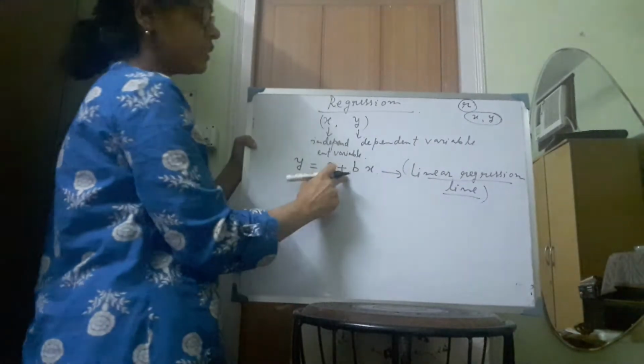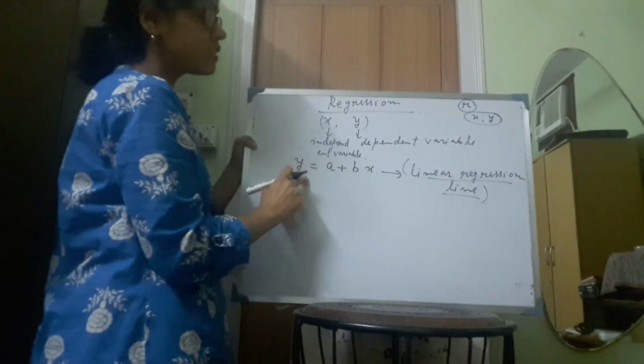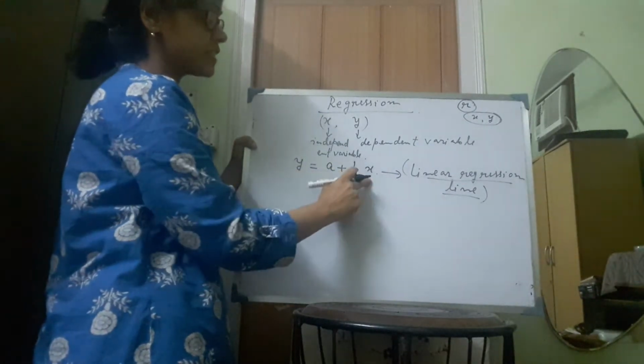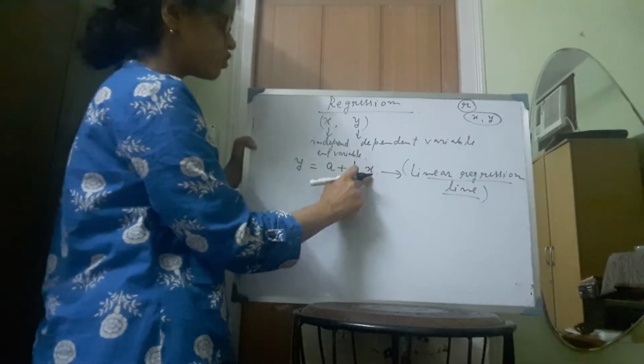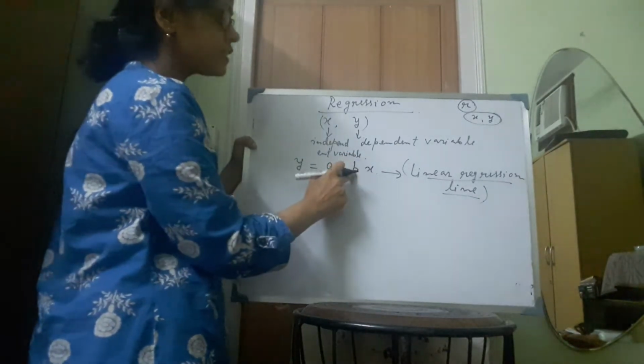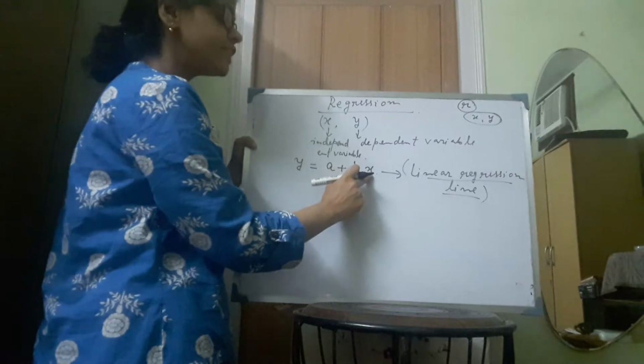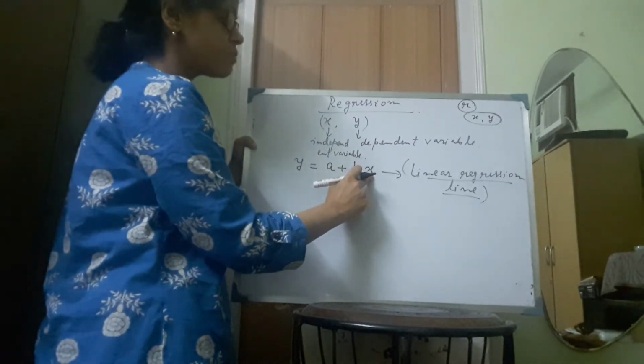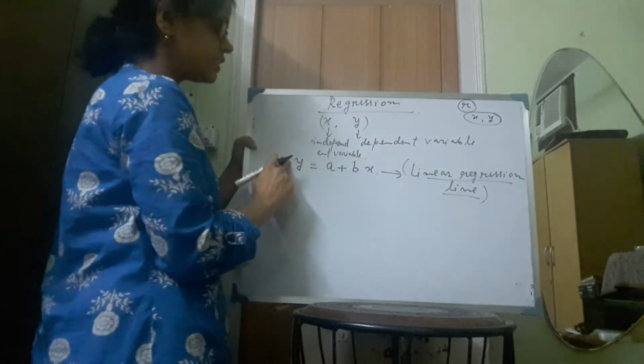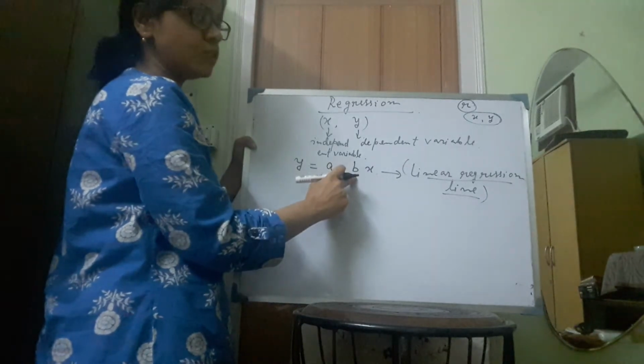This is called a linear regression line because it represents the linear relationship between y and x, and we are trying to find out the effect of x on y. So what is the interpretation of b here? If we change the variable x by 1 unit, then the change in the variable y is b units.